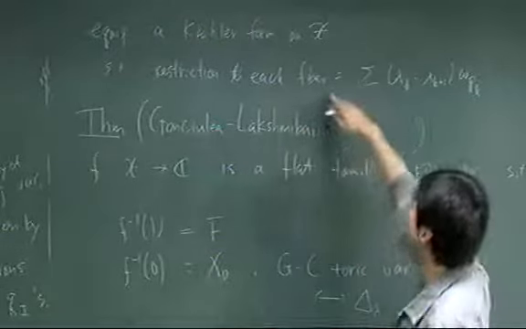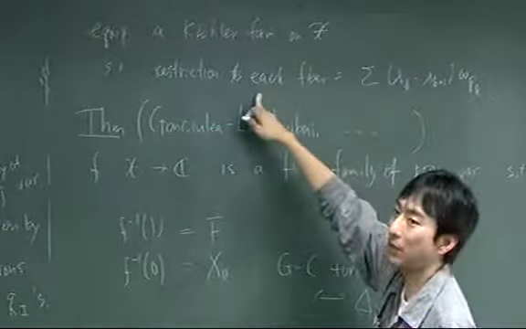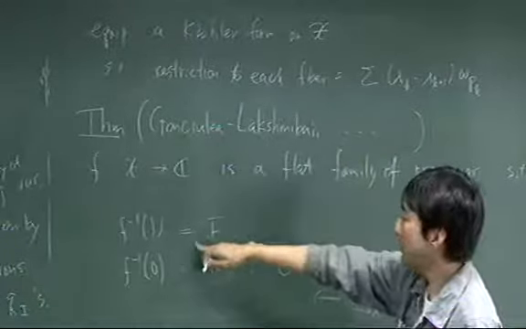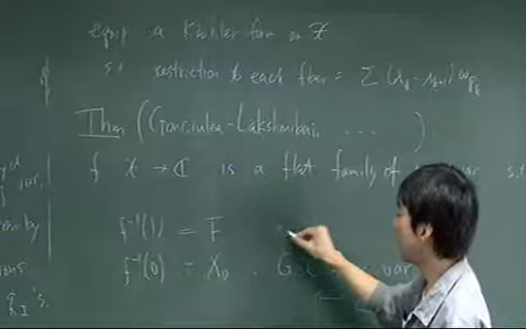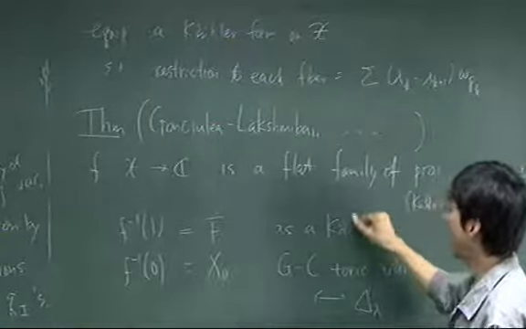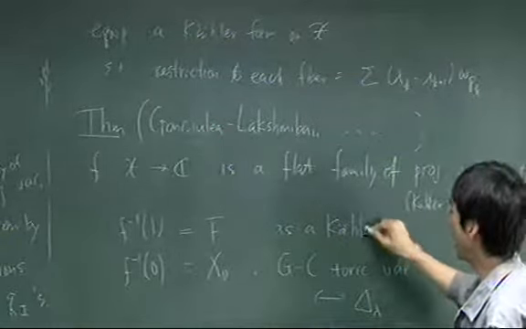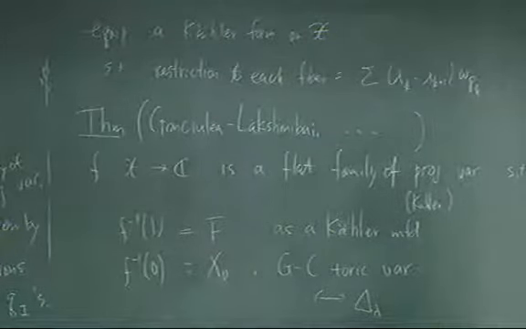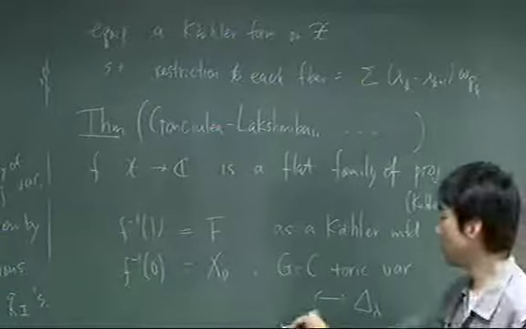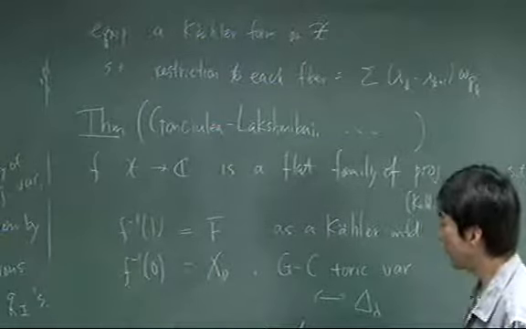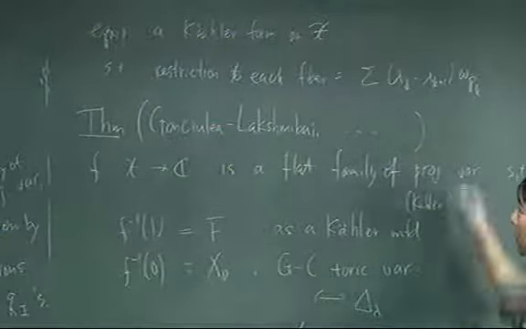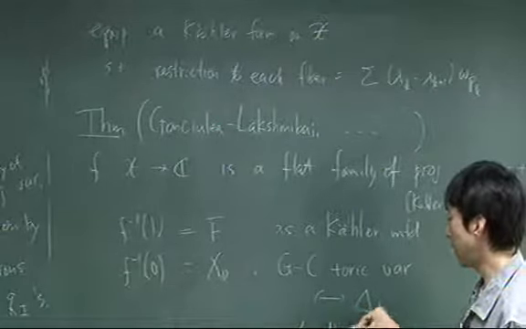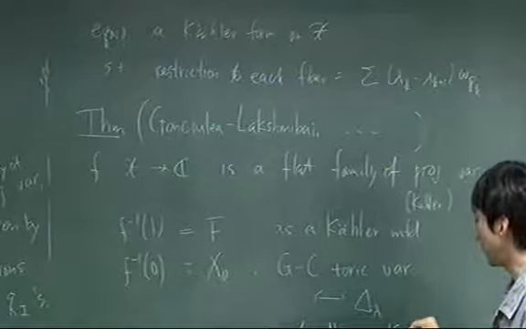But if we consider this symplectic form, then the isomorphism is just as a symplectic manifold. In this case, the restriction of this symplectic form is a torus invariant symplectic form.